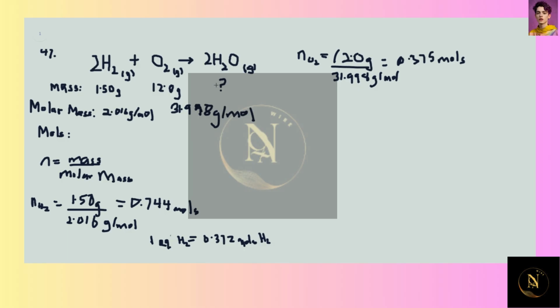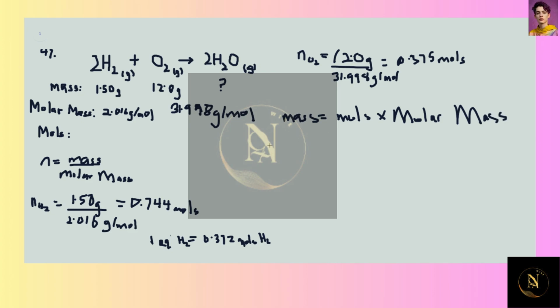In order to determine the amount of water vapor that's formed, we're asked to find the mass. To solve for mass, the mass is given by the expression mole times molar mass.